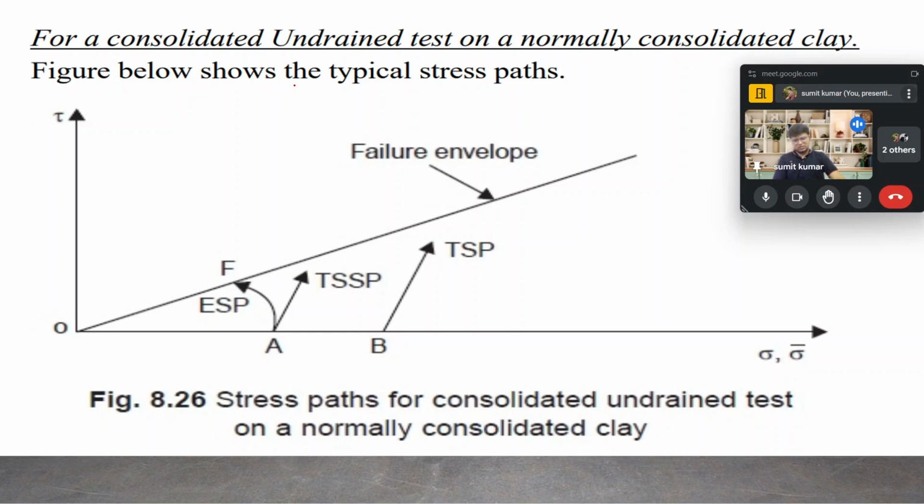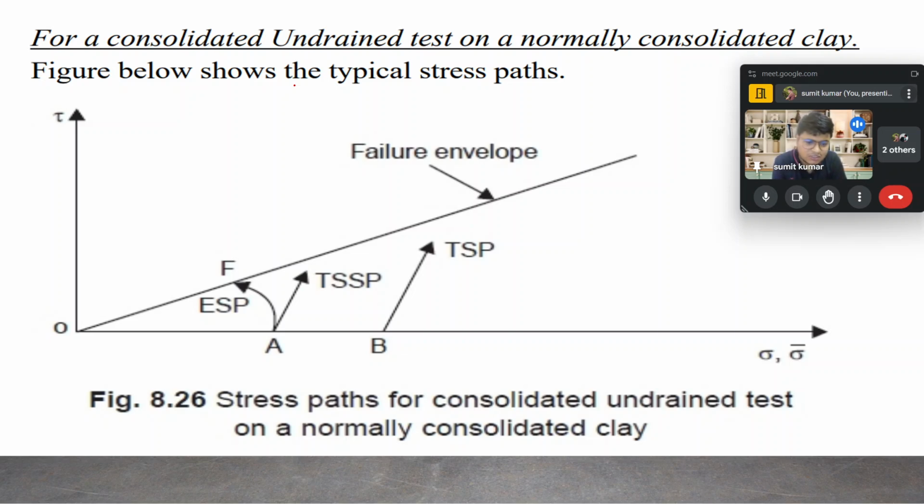At point A you can see how the TSSP and ESP are represented, the failure envelope is formed, and the stress paths for the different conditions get formed in this way. We consider the static pore water pressure for the TSSP, and in the ESP we subtract the pore water pressure in general, while in the TSP the total stress is considered.